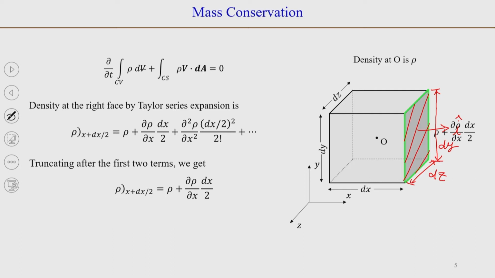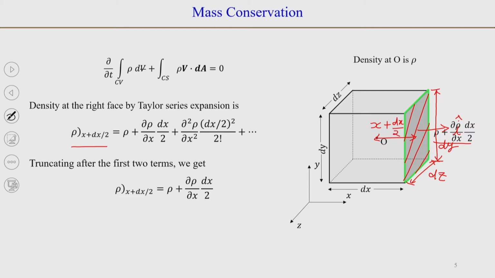Now, we also need to find the density and velocity at this face. This face is at a distance, if we take the center to center distance between the face and the center of this cuboid, that will be x plus dx by 2.